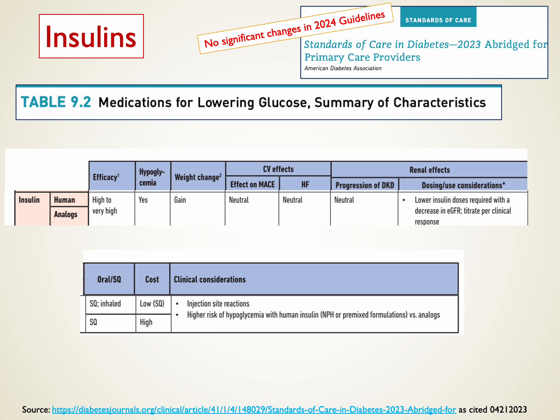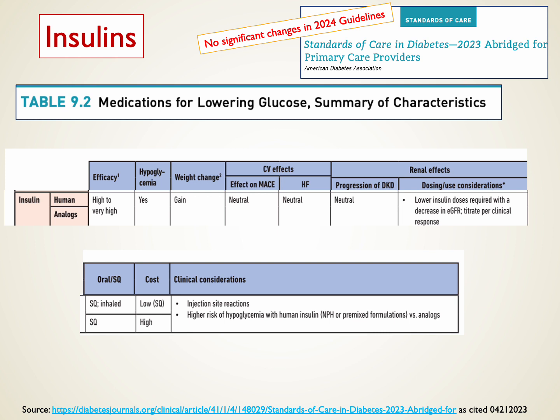Because we're so concerned about comorbid states, particularly cardiovascular and renal effects, the tables also talk about whether or not the specific agents have a benefit or a harmful effect in cardiovascular disease, both an effect on coronary artery disease and an effect on heart failure risk.